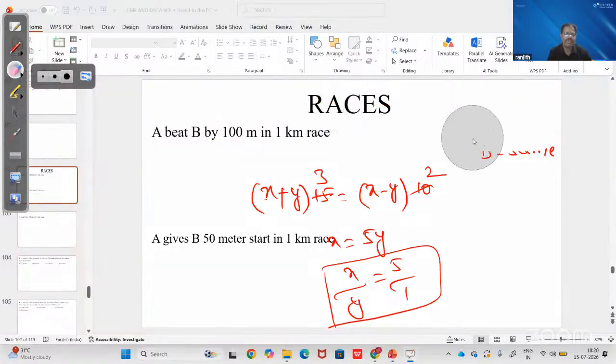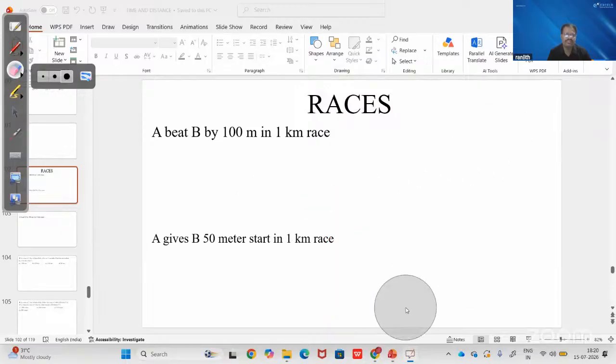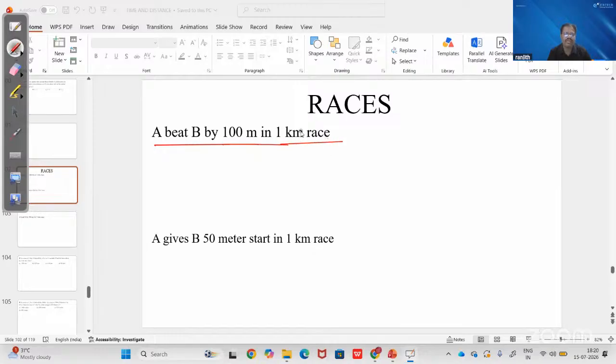So the next topic is races. A beat B by 100 meters in a 1 kilometer race. It's nothing but A is winning and B is losing.